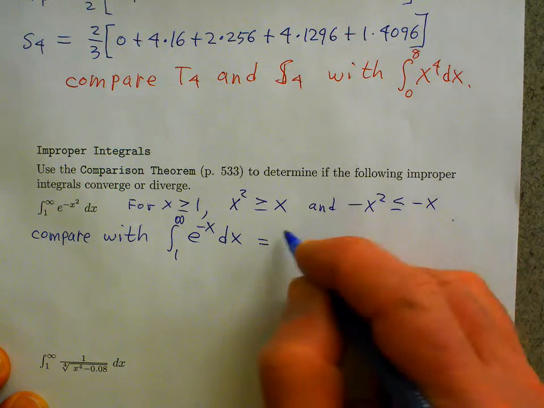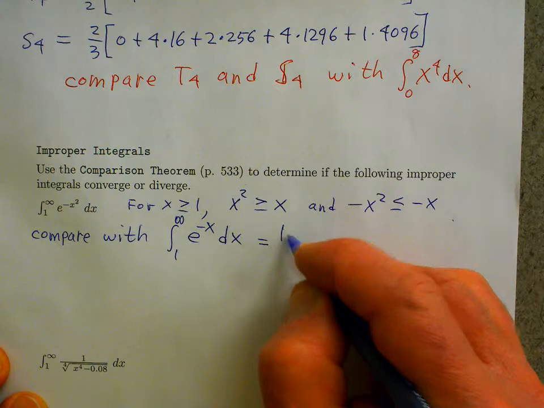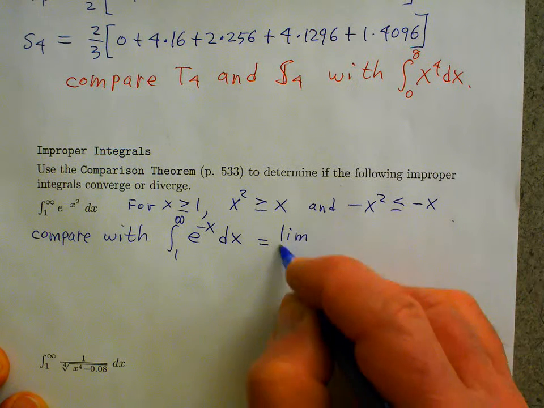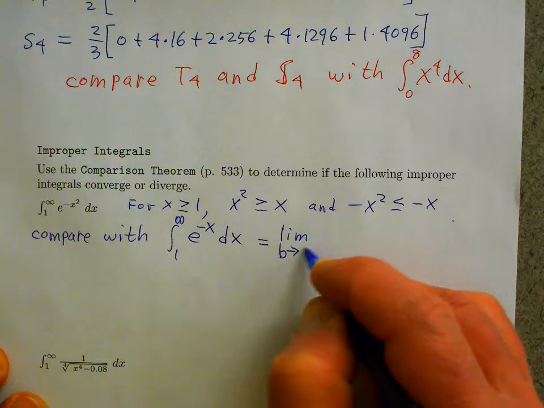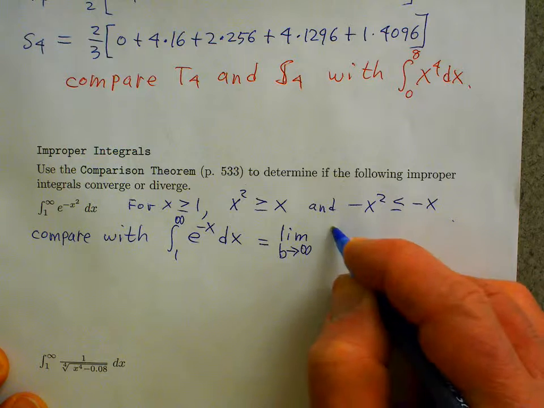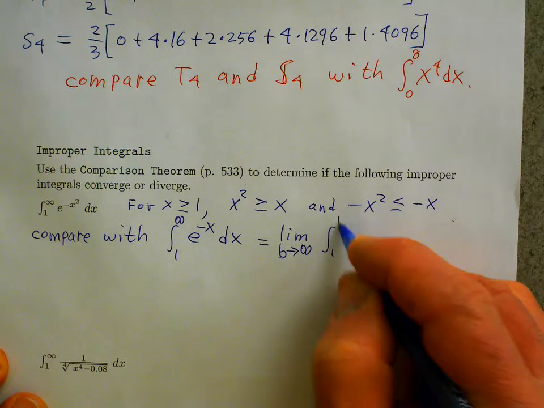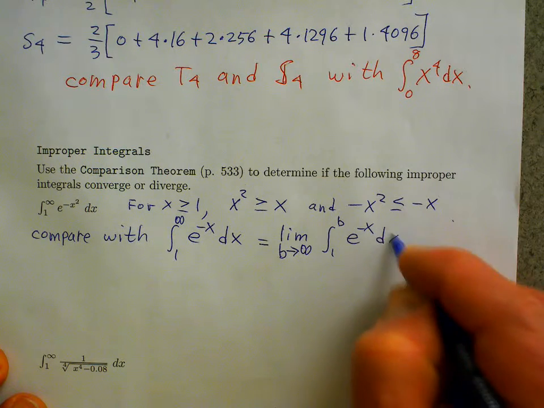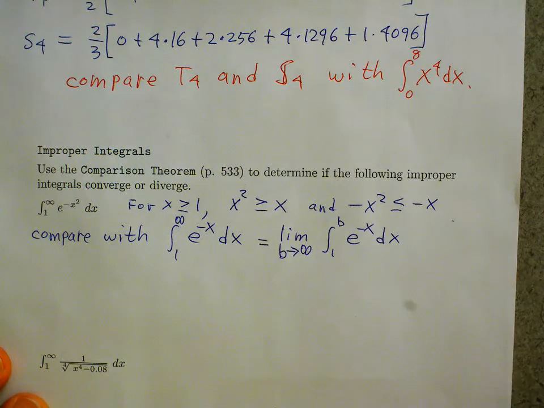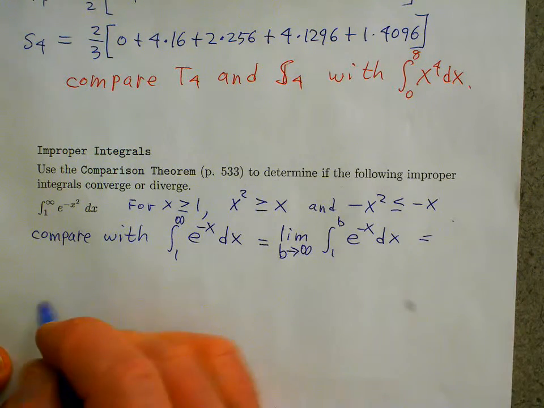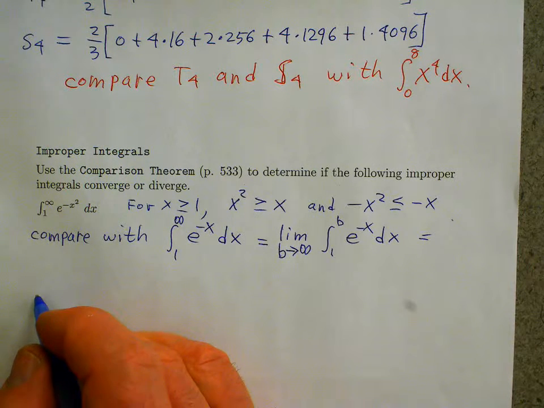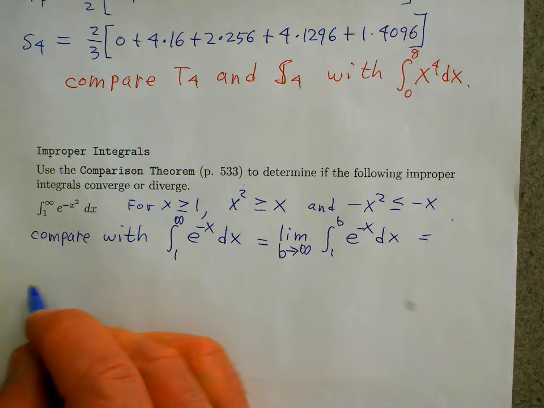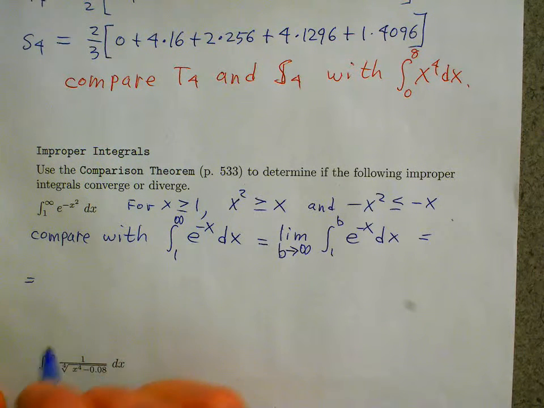So the way we do it, we write this as a limit as b approaches infinity of the definite integral from 1 to b of e to the negative x dx. We do know an antiderivative of e to the negative x: negative e to the negative x.